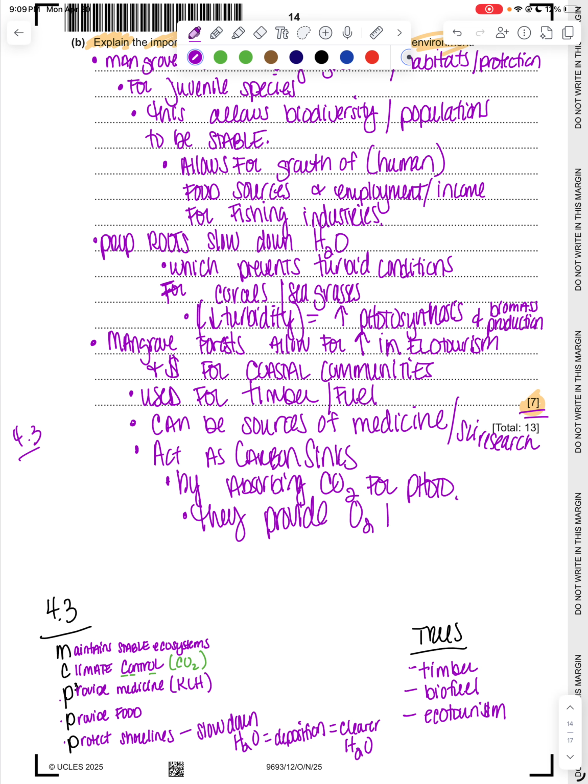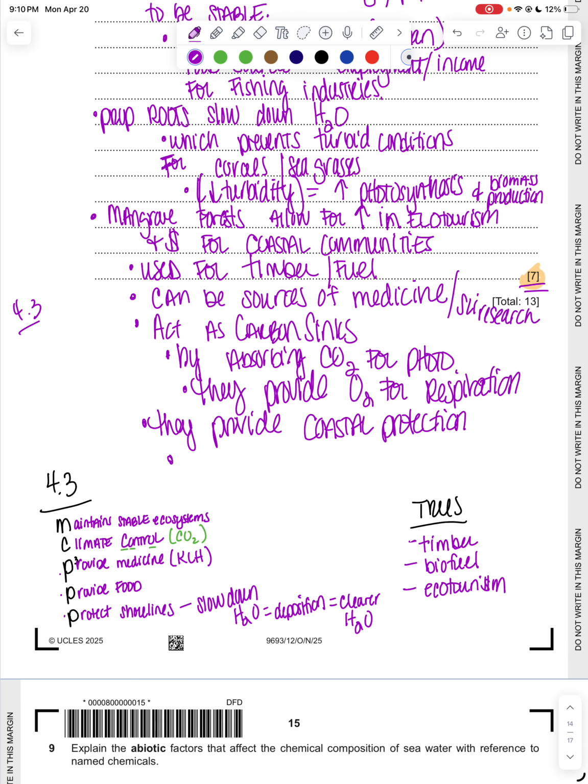They provide oxygen for respiration. They provide coastal protection, or they protect our shorelines by decreasing wave height and water speed.